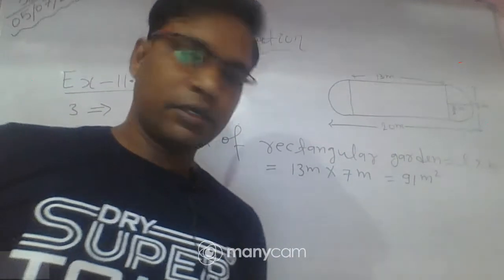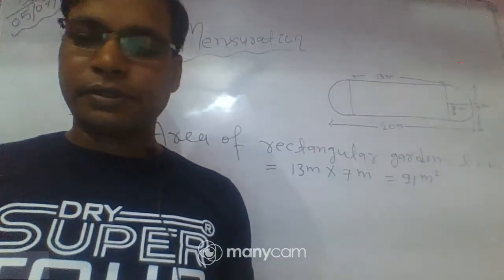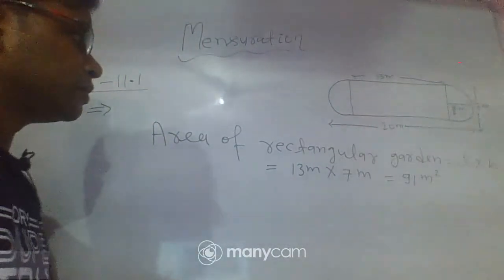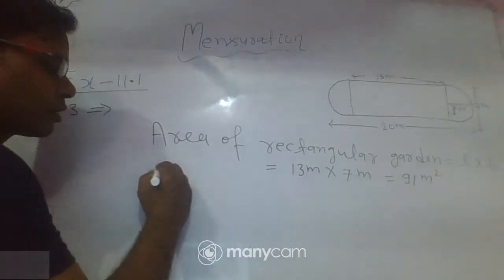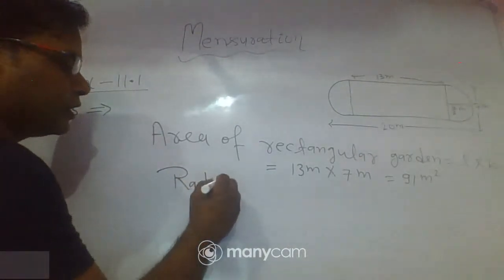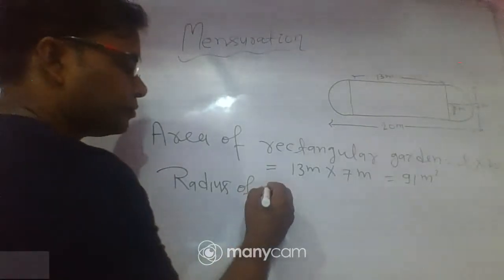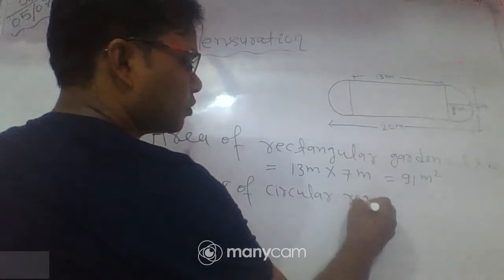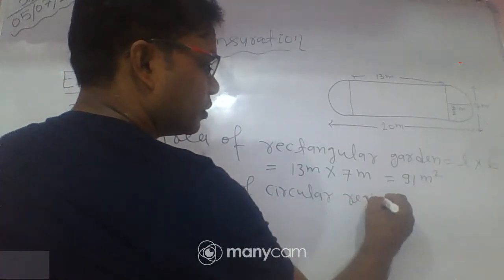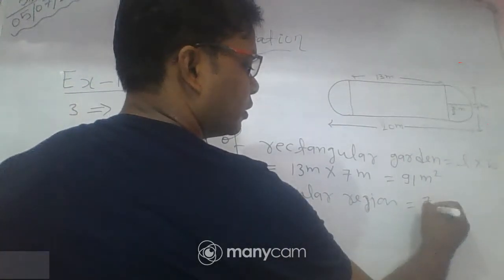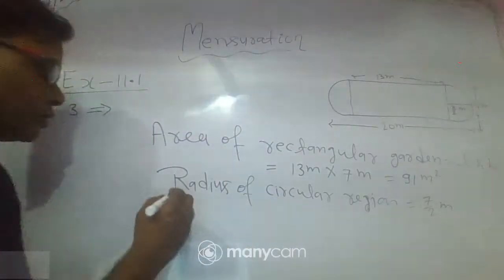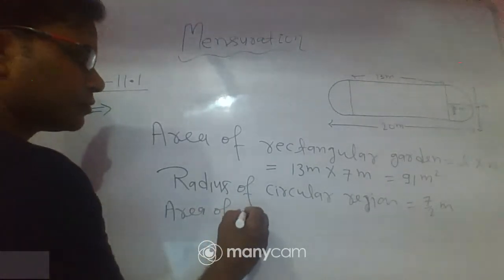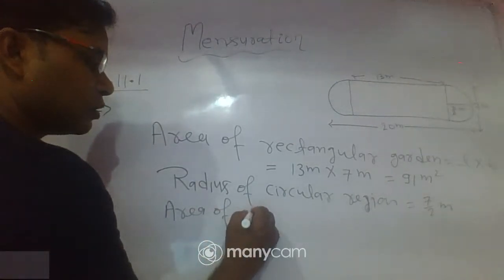Now here the diameter of the circular region is given, so the radius of the circular region is equal to 7/2.